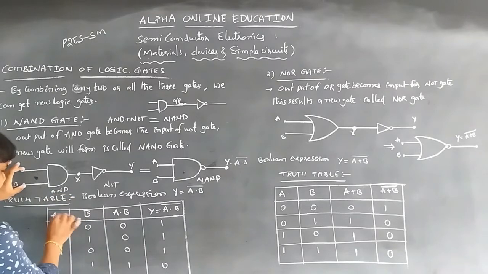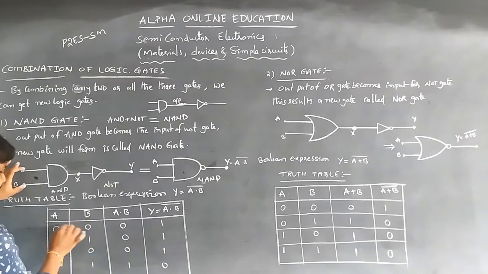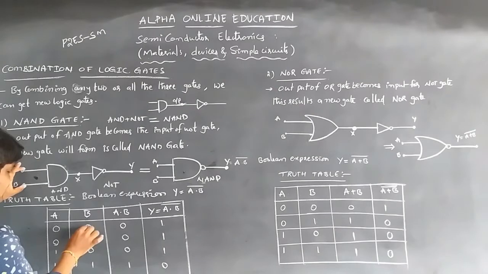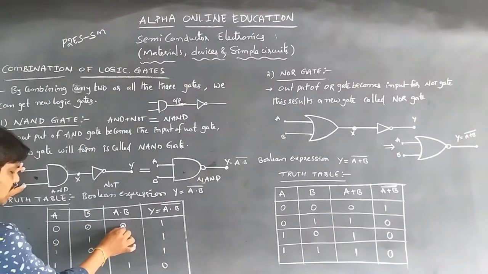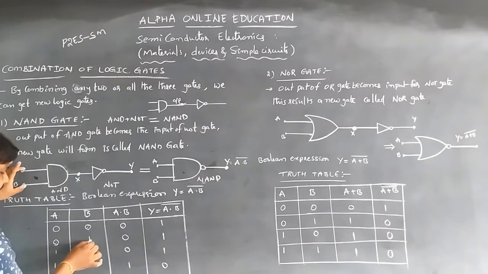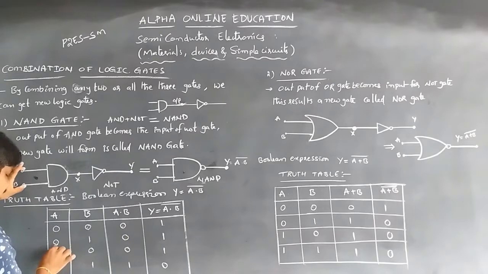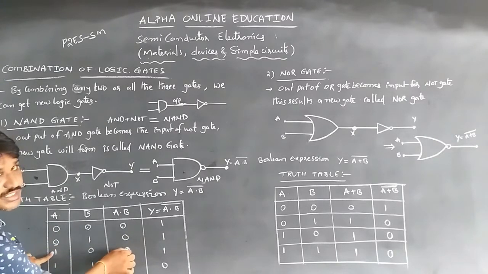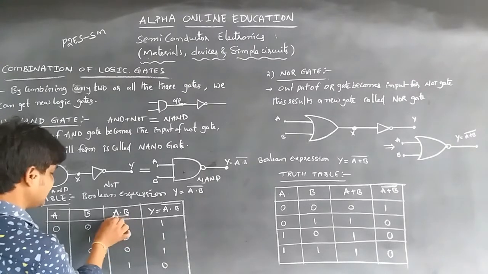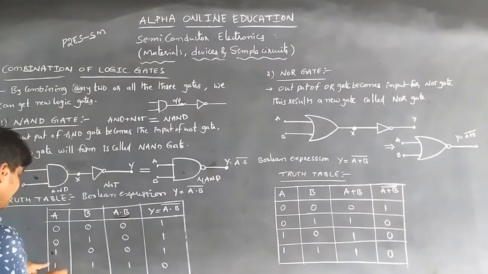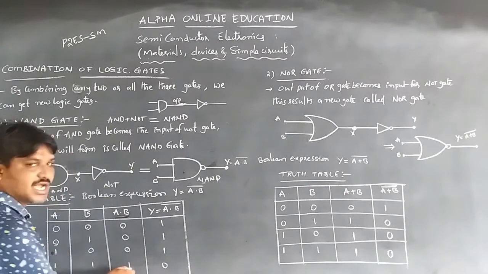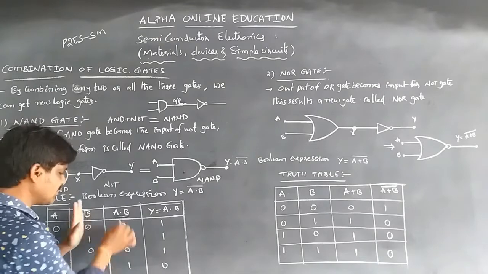If both A and B are low, we get low. If one is low and the other, B, is high, the output is low in the AND gate. If A is high and B is low, the output is also low. Whenever both inputs are high, only then do we get a high output. This is about the AND gate.